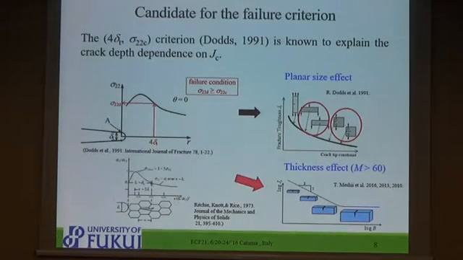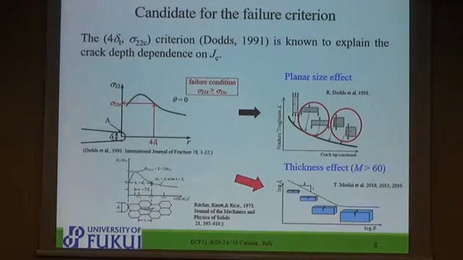For the failure criterion, we considered one of the modified Ritchie-Knott-Rice failure criteria, that is, the 4δT σ22C criterion, which predicts the onset of the cleavage fracture when the crack opening stress σ22 measured at the distance from the crack tip equal to 4 times CTOD, crack tip opening displacement δT, hereinafter denoted as σ22D, exceeds a critical value σ22C.